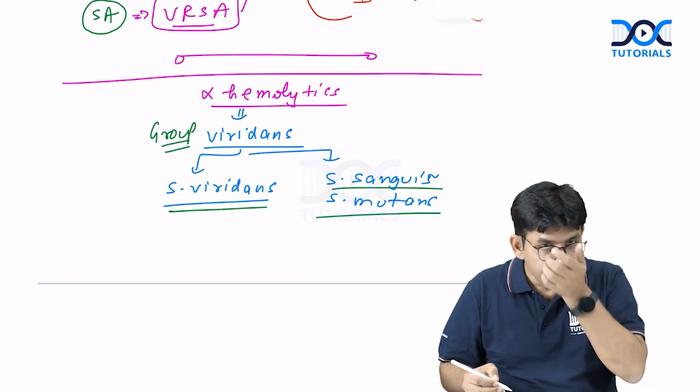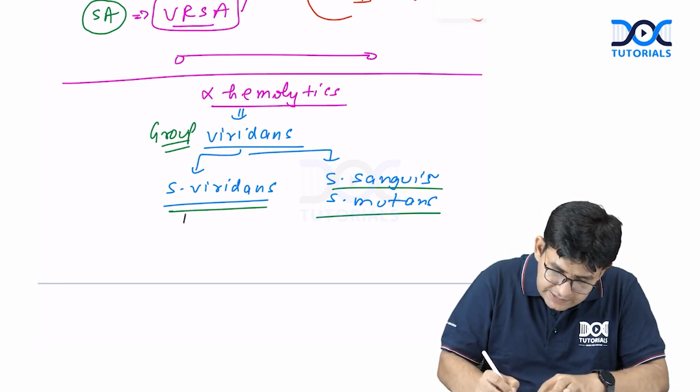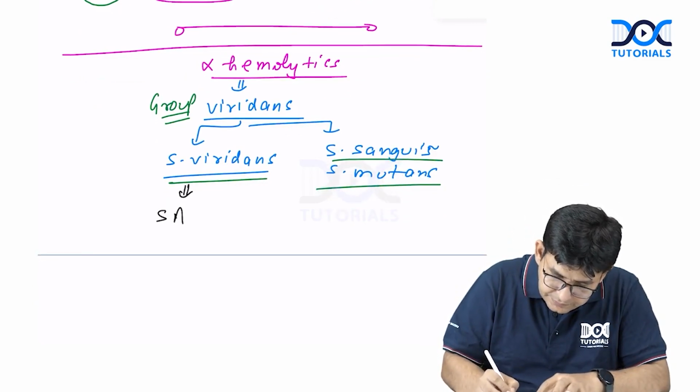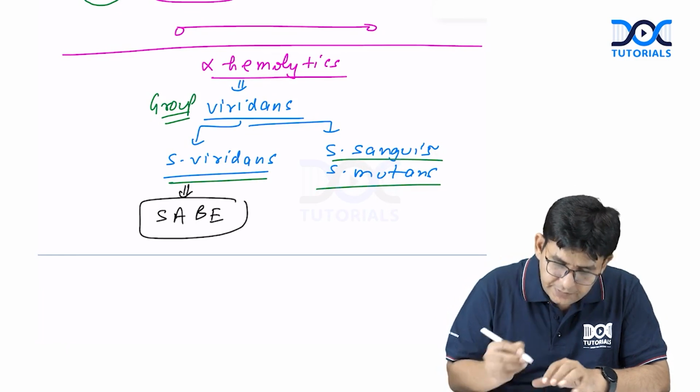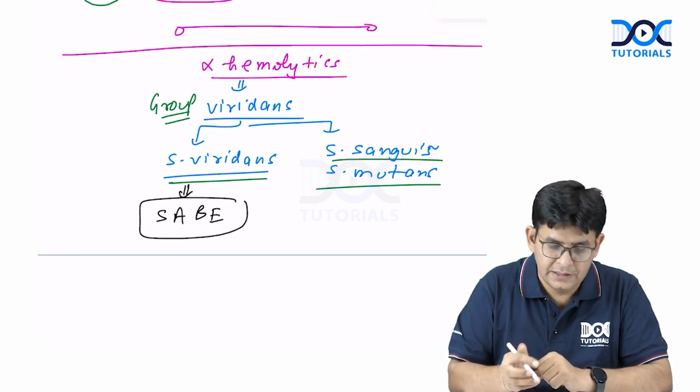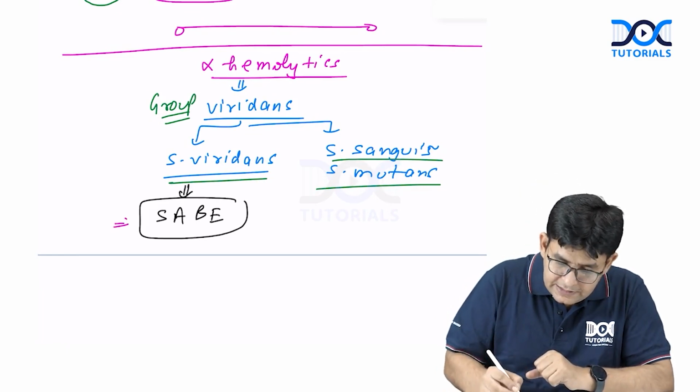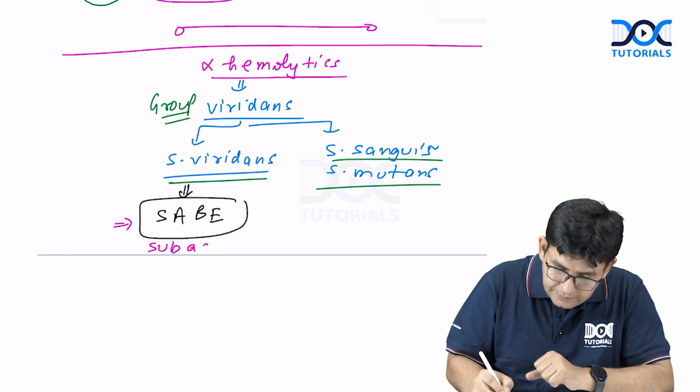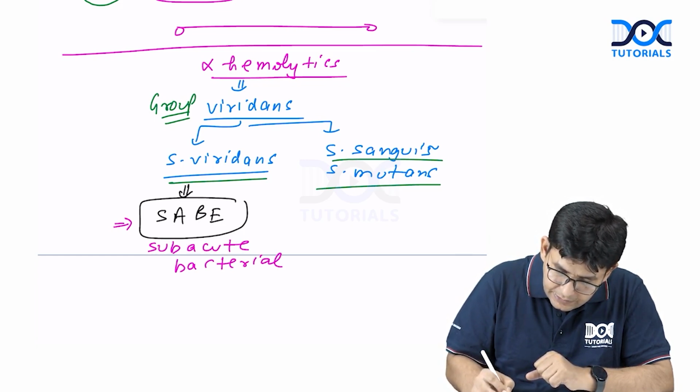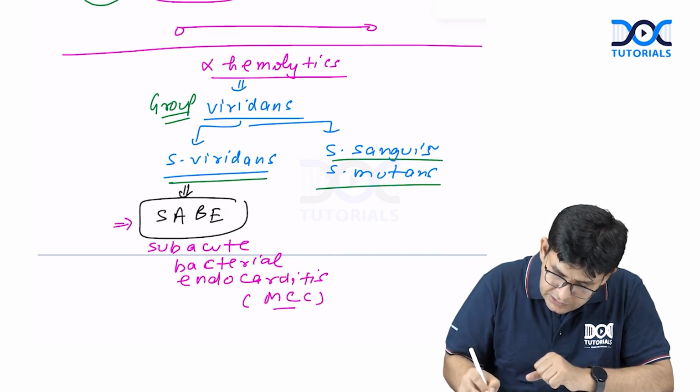Now, this particular Streptococcus viridans associates with what? SABE. Okay, this particular one associates with SABE, that is subacute bacterial endocarditis. And in fact, I should say this is the most common cause of SABE.